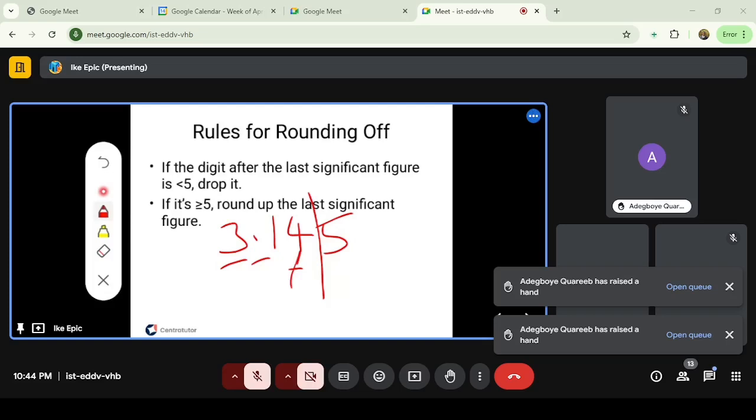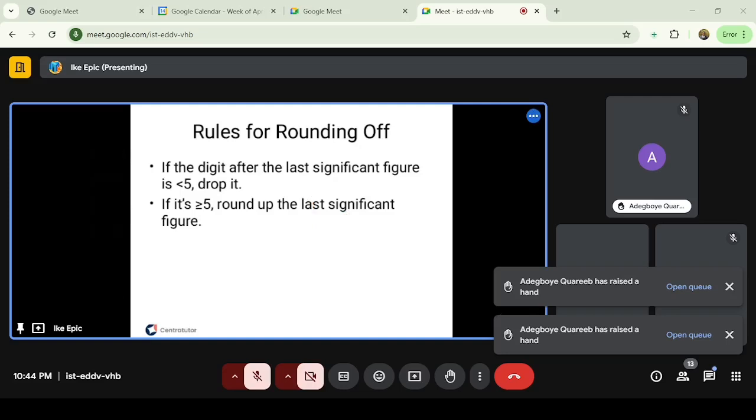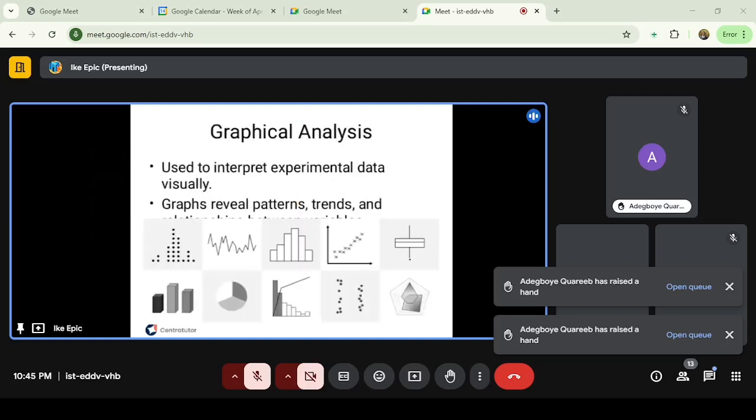That's when you're talking about 3 significant figures. You add it to this, make it your final answer. Rounding off. And so that being said, I think we'll be moving to graphical analysis.